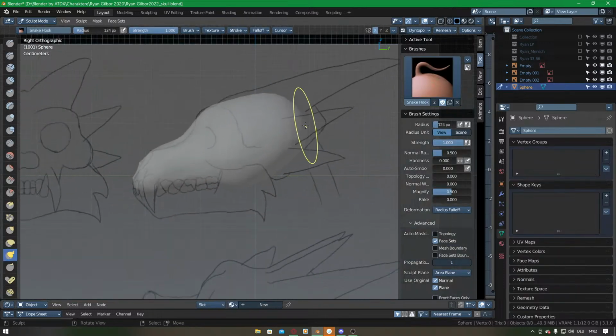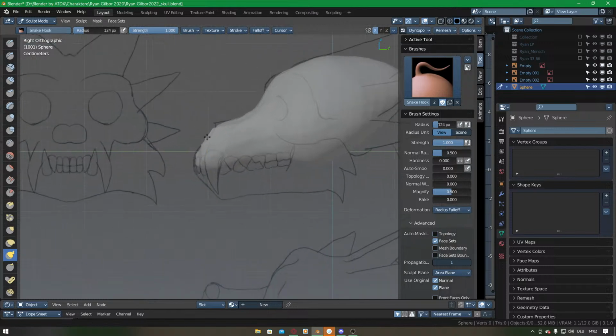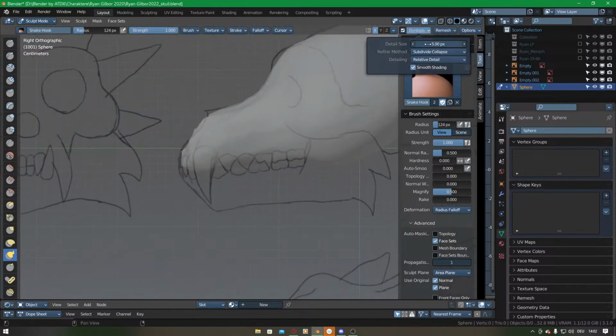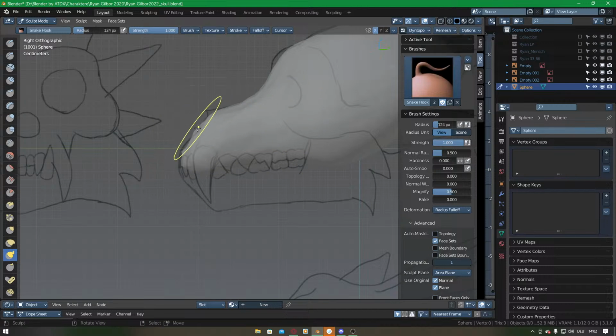Okay, let's see. So forming his snout and skull like this. See, it's a 5. I should do a 12 first.